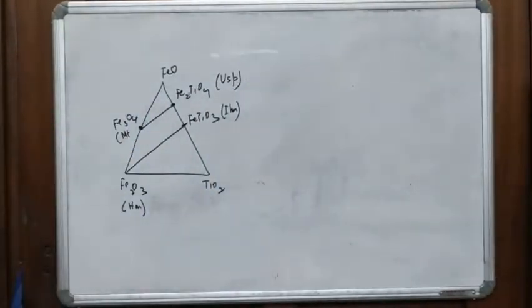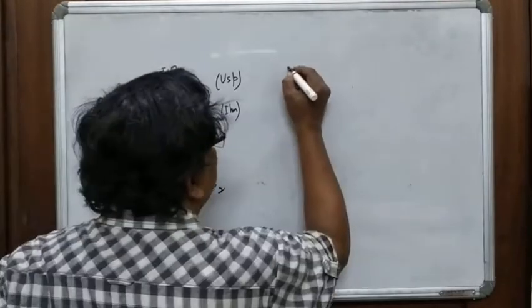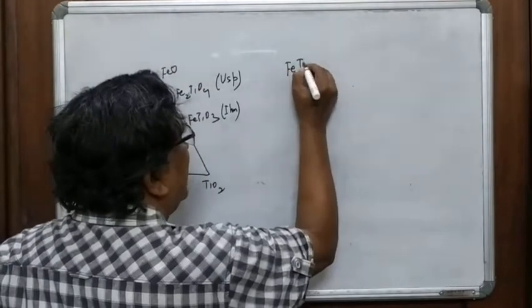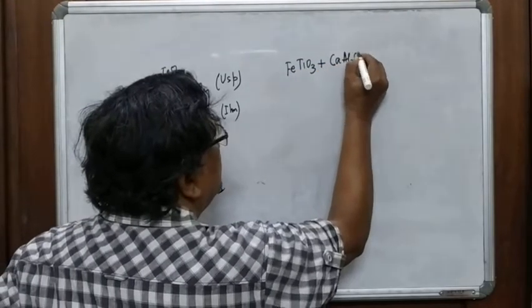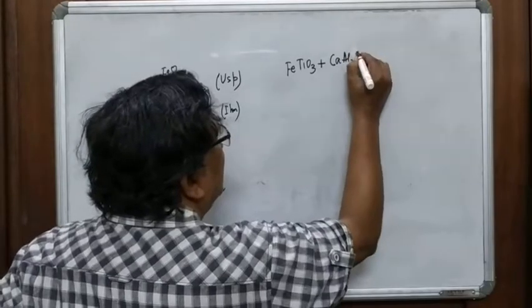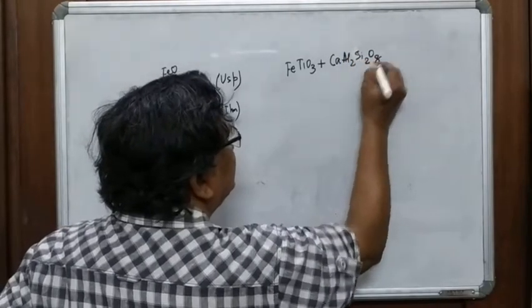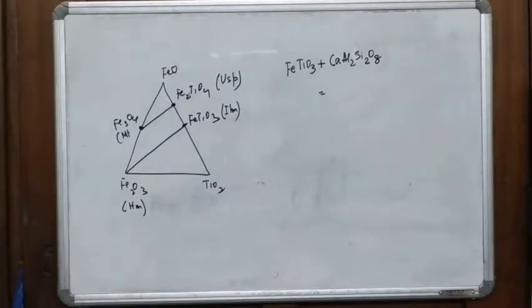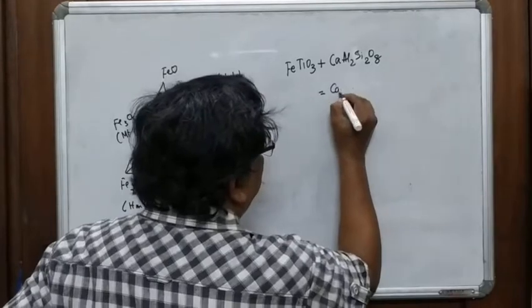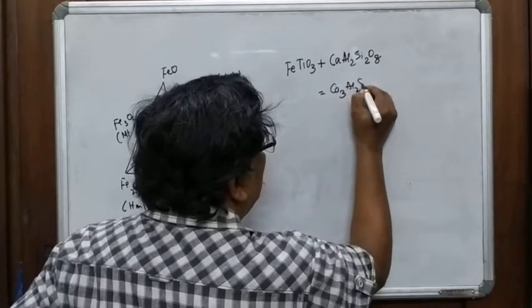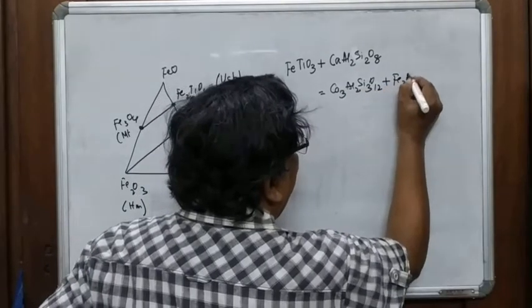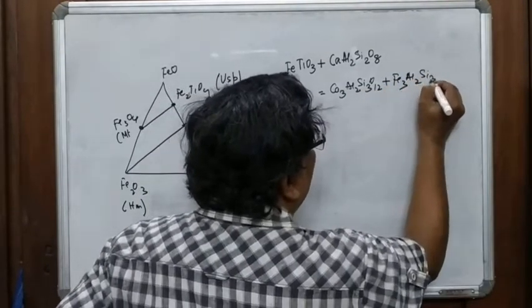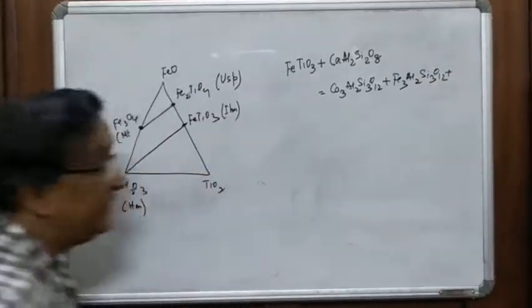So sometimes what happens, you can have such reactions as FeTiO3 plus anorthite. You see that? Ilmenite plus anorthite, and now you can see it should give you Ca3Al2Si3O12 plus Fe3Al2Si3O12. But you have a problem here.